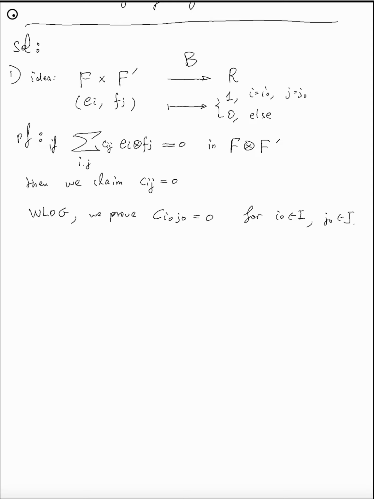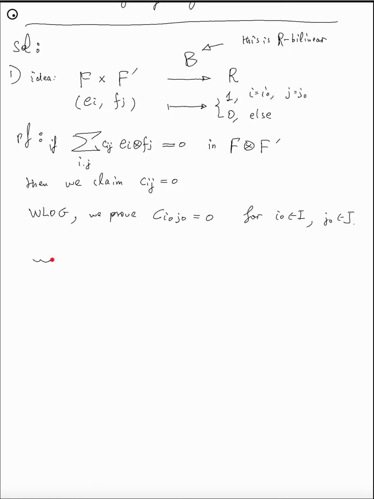Check this is R bilinear. You extend the definition by R bilinearity and then you claim you have defined it on the whole product F times F prime.